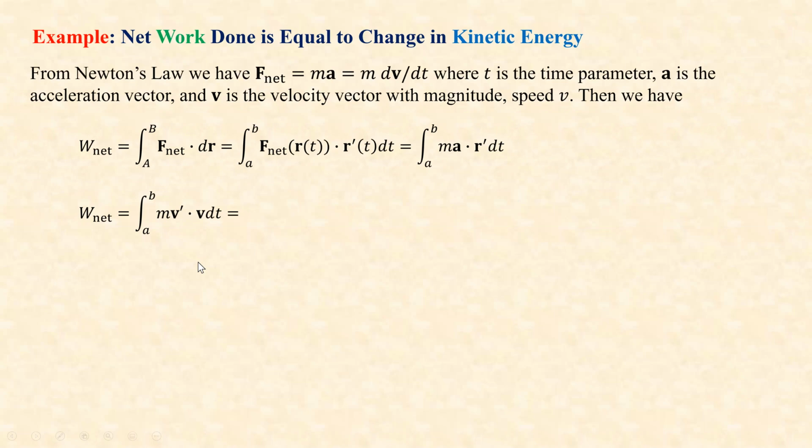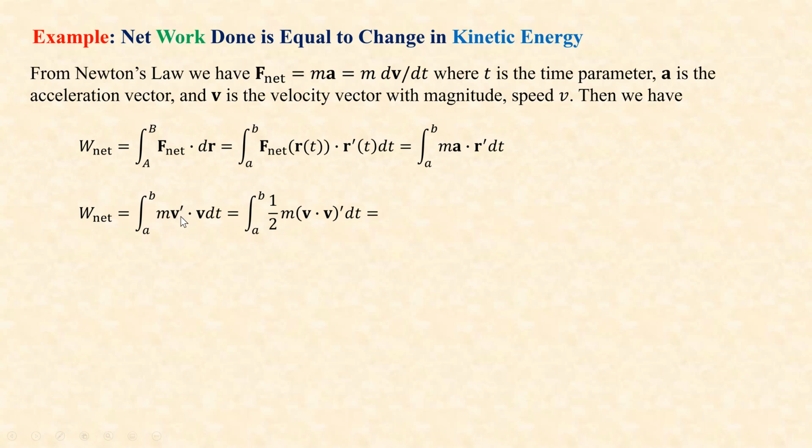Remember, if you have a dot product of two vectors, the derivative of that is the derivative of the first one times the second one plus the derivative of the second one times the first one. But in this case, both of them are the same vector. So we can write it as 1/2 of the derivative, because the derivative of v dot v becomes v prime dot v plus v dot v prime, and both of them are the same, so it becomes twice that.